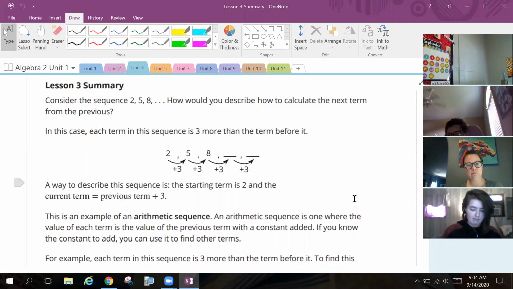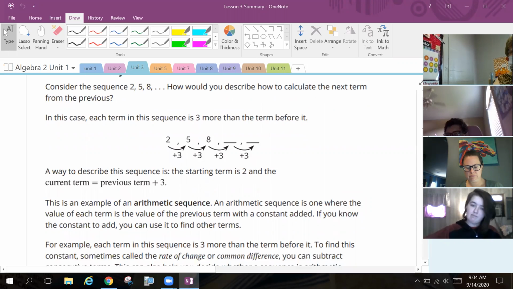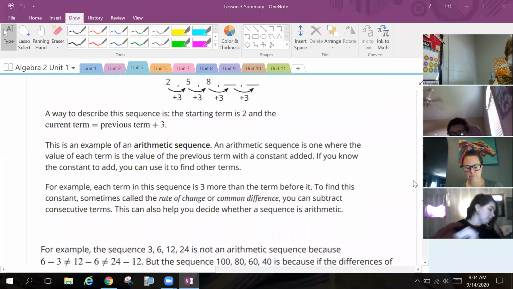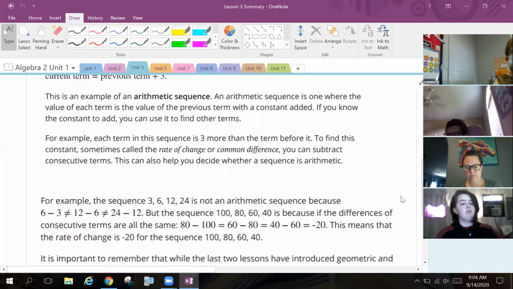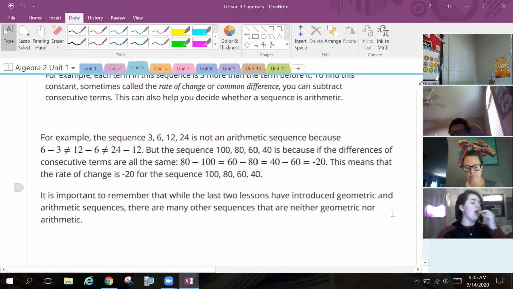Now, we looked at a geometric one. What was happening with that geometric sequence in that second lesson that we did? Or look at this sequence, 3, 6, 12, 24. It is not arithmetic, because we know what's happening to this one.